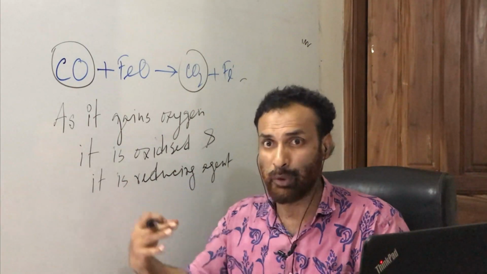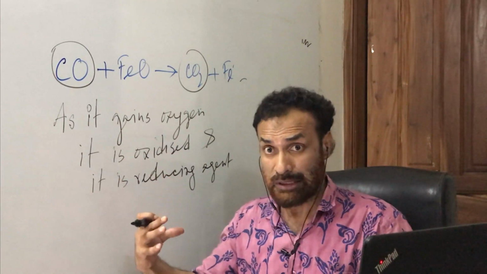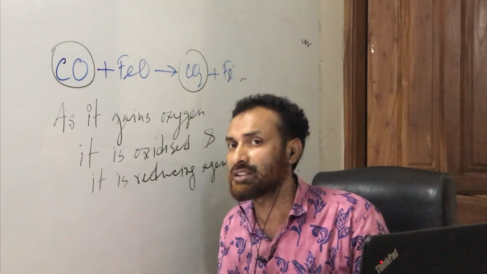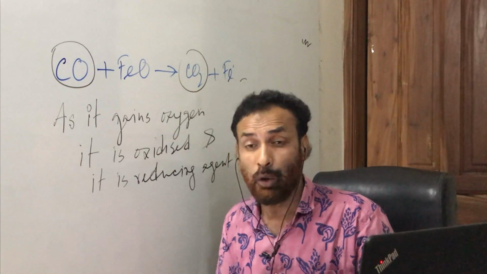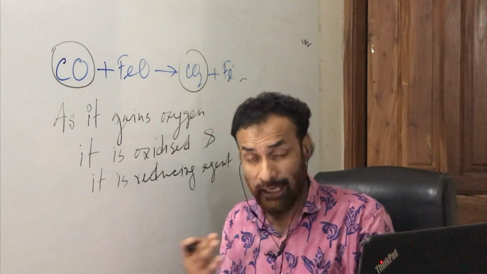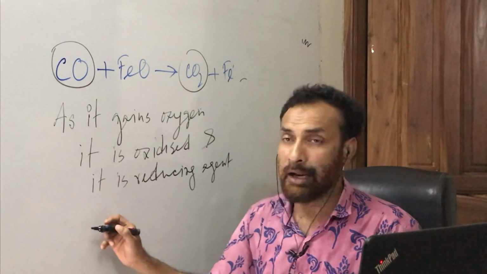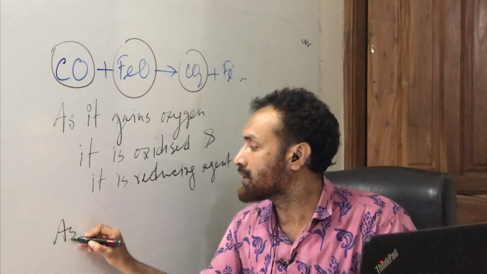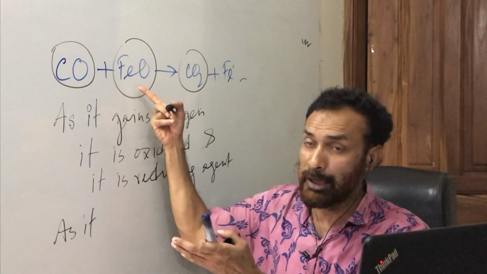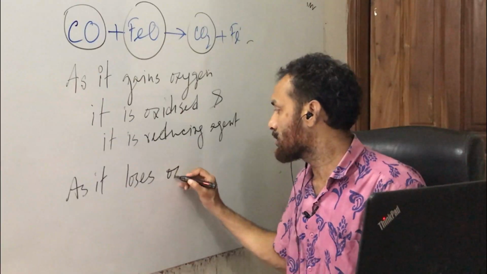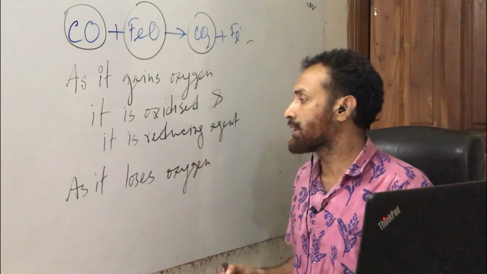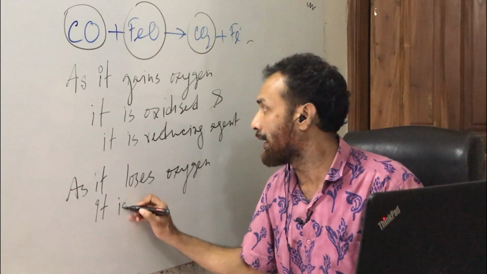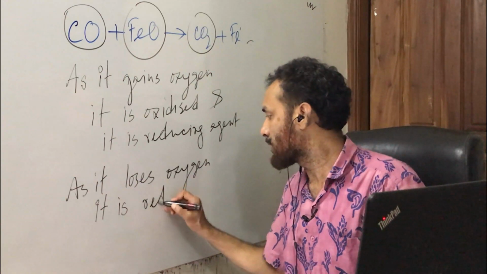And you must compare with electrons. When some substance gains oxygen, we say it's oxidized, but when some substance gains electrons, we don't say it is oxidized, we say that it is reduced. And for iron oxide, it loses oxygen, and as it loses oxygen, we term it reduced, right?